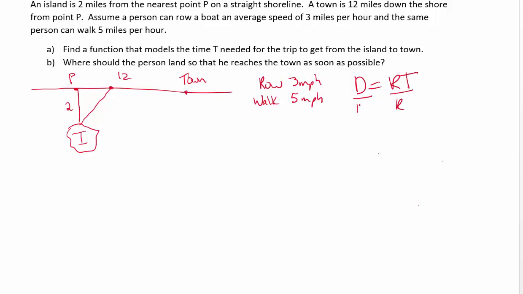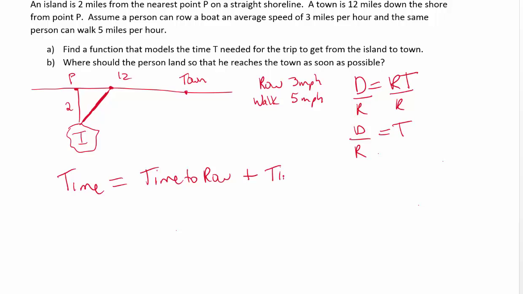Well, we could divide by the rate, and that tells me that time is distance over rate. So what we're going to do to find this time function is we're going to calculate the time it takes to row, which is this part of the journey right here, plus the time it takes to walk, which is this part of the journey.